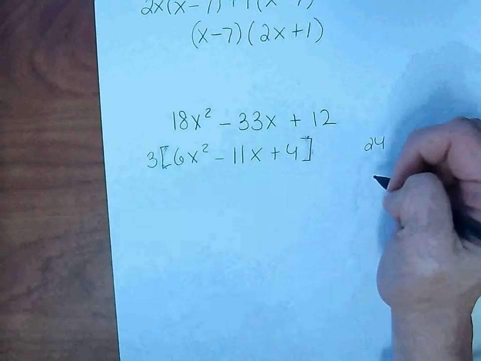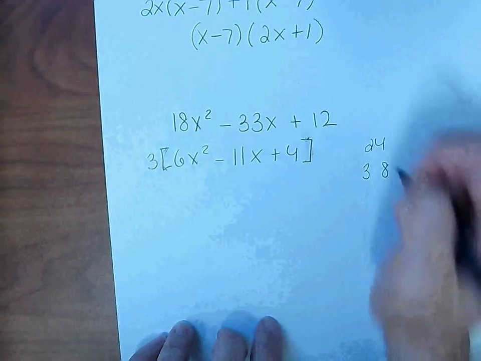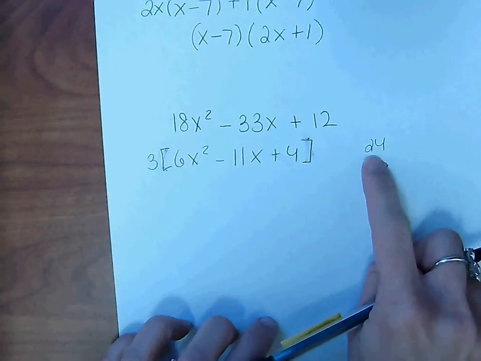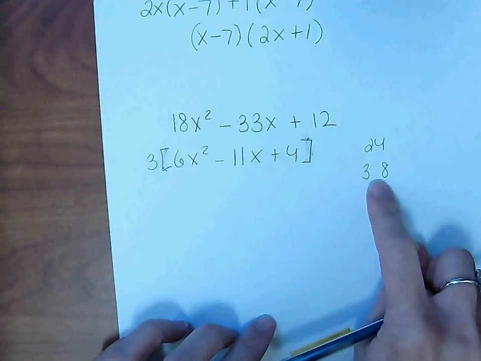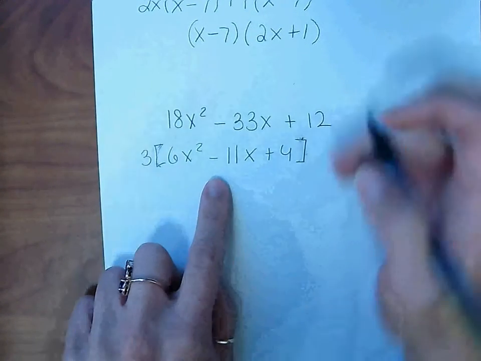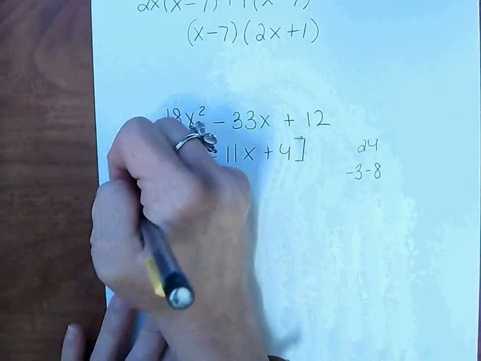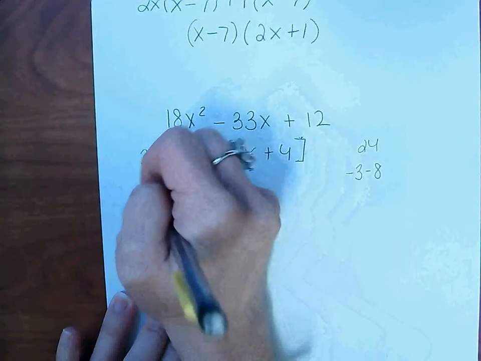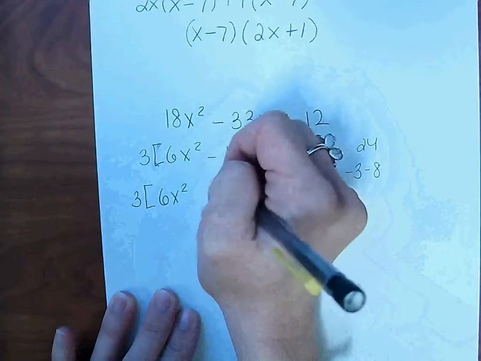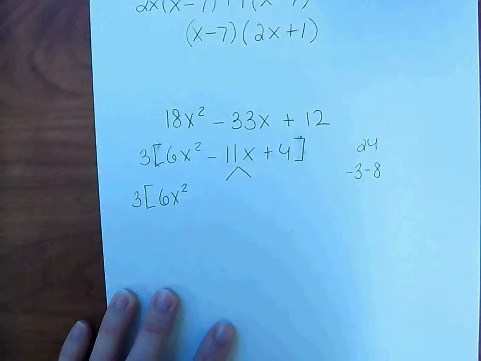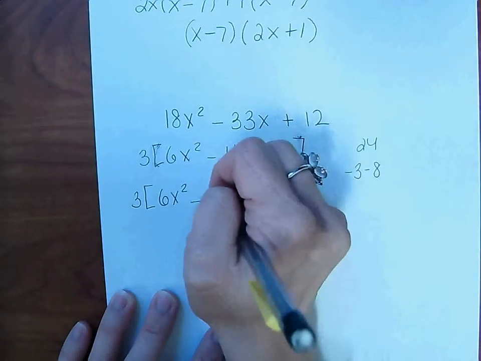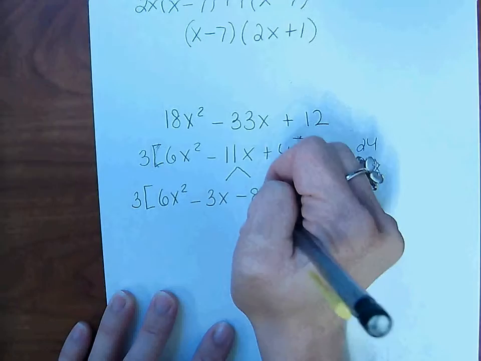So 3 and 8. And since the 24 is positive, these are both going to be negative, since we have a negative 11. So bring down the 3 in the bracket. 6x squared, break down the negative 11x into negative 3x and negative 8x plus 4.